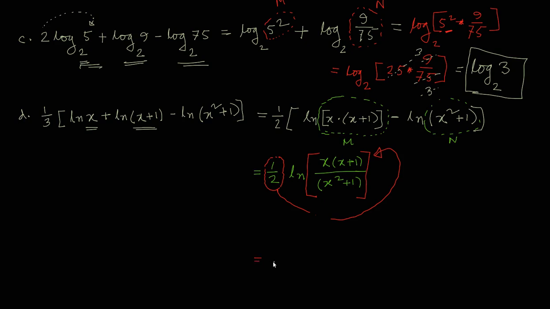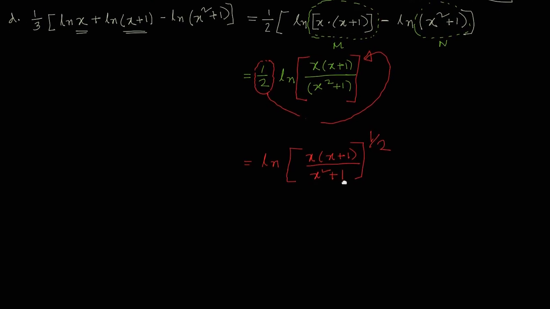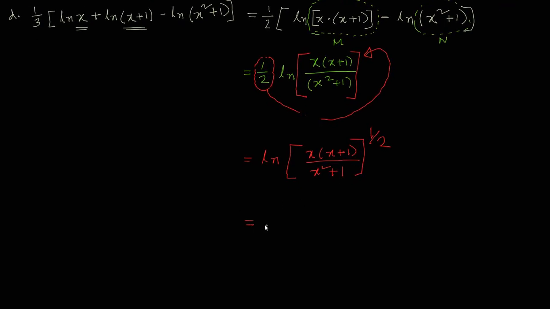I can write natural logarithm of the quantity x multiplied by x plus 1 over x square plus 1, and the whole thing power half. Okay, so you can leave the result like that, but if you want you can write another step, which is natural logarithm, and power half is simply a square root of x multiplied by x plus 1 over x square plus 1. So this is the final answer for this problem.